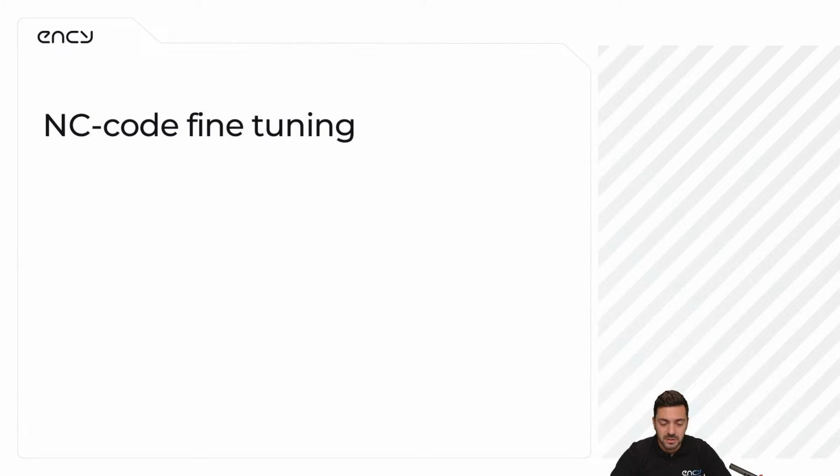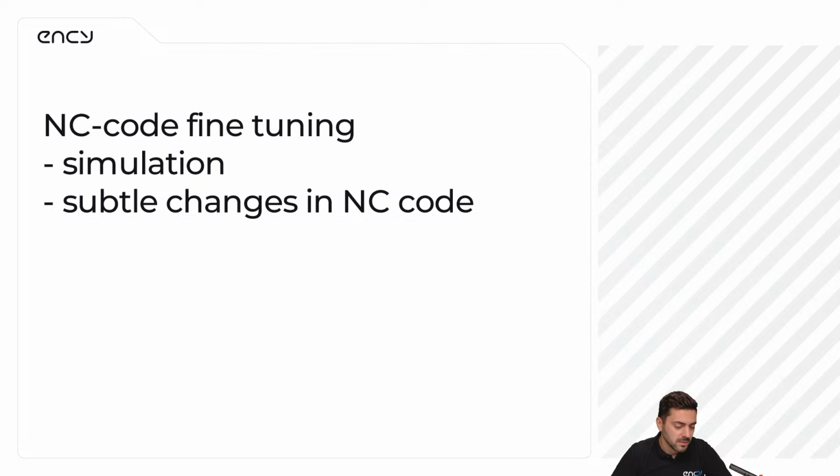This process we call ENCY code fine-tuning, and it is something that lies in between the creation of the cadcam project and running ENCY code on the real machine. This ENCY code fine-tuning process includes simulation and subtle changes in ENCY code, for example, some tool was changed, or some small correction of radius, or maybe some formatting of ENCY code is required.